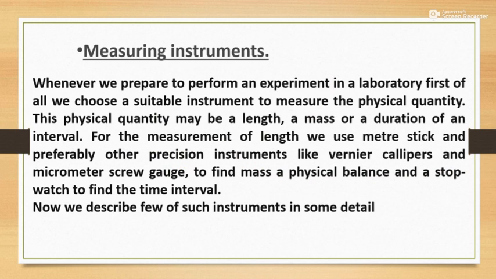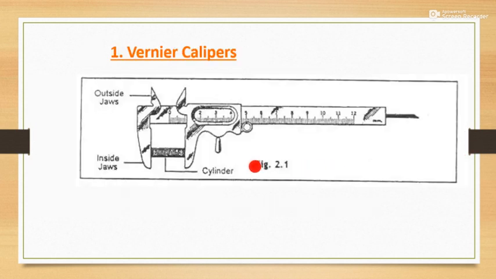Now, first of all, the vernier caliper. In this picture, this is a vernier caliper. It consists of two parts: the main scale and the vernier scale. You can see here in the picture, this is the main scale and this is the vernier part.